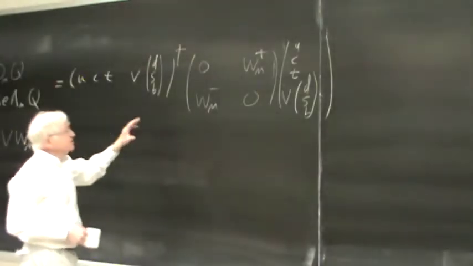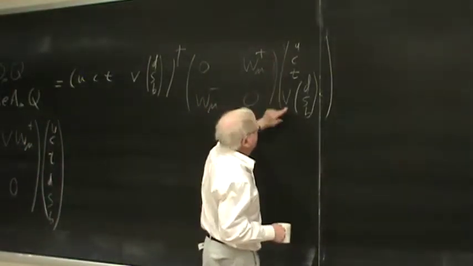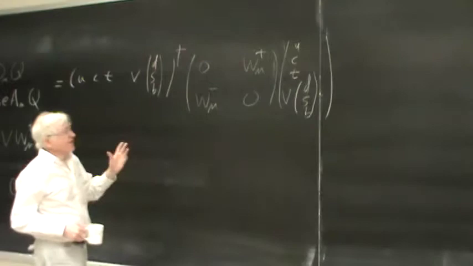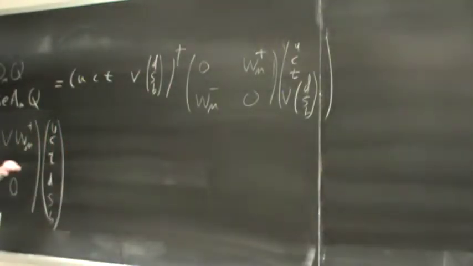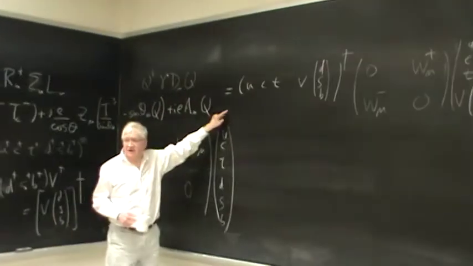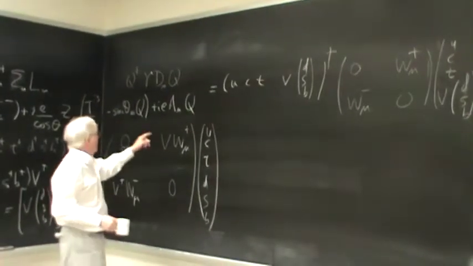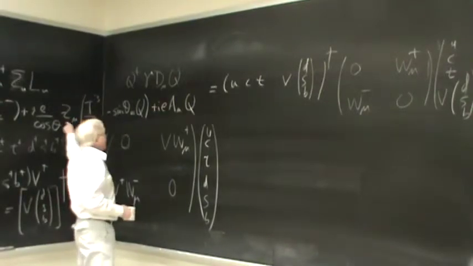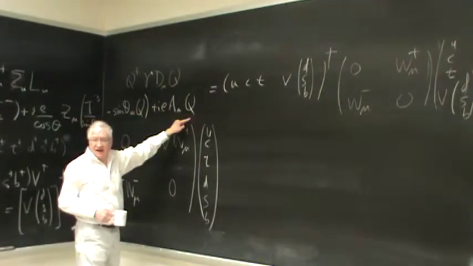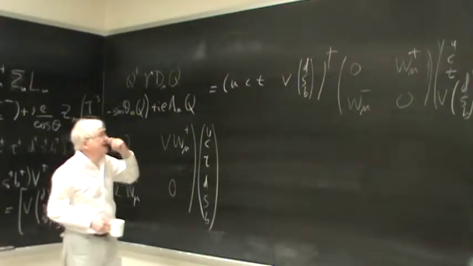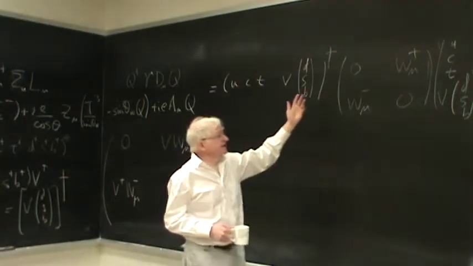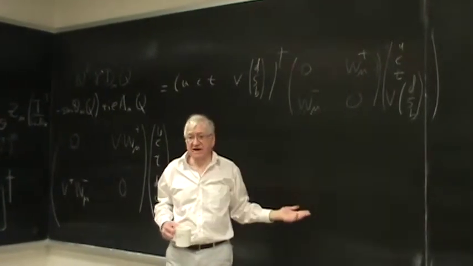And in fact, we can use this same mixed mass-flavor sextet in this whole covariant derivative, because on the part that's diagonal, just involving Z and A, we would just have V dagger V, and that would cancel.